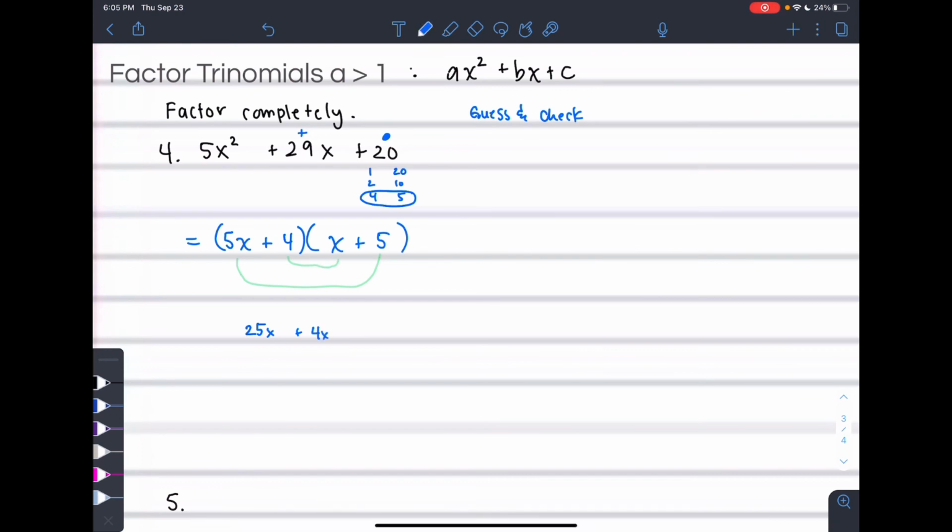If this gives you this, then you know you factored correctly. So 25x plus 4x, we end up with 29x. So that means this was factored correctly. Wow, first try. So that's essentially what the guess and check method looks like.